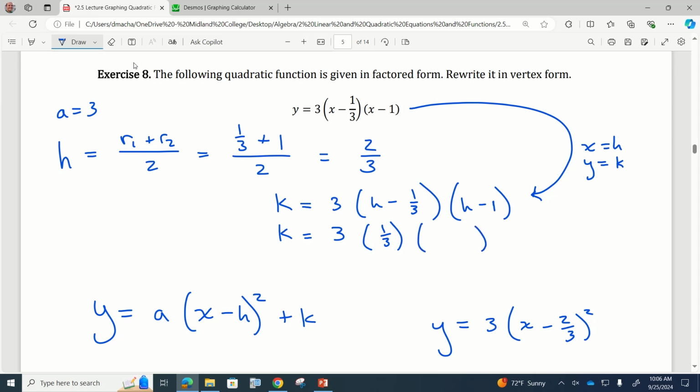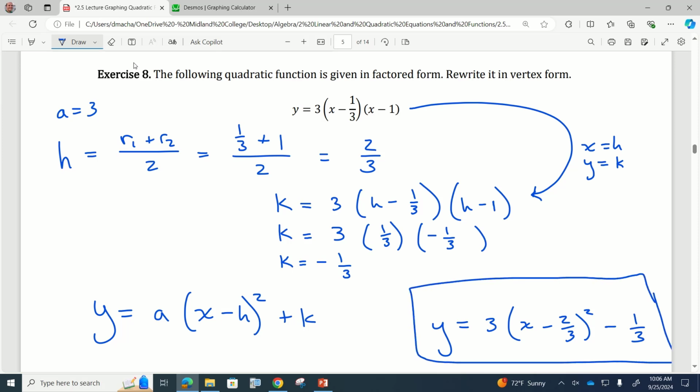And then 2/3 minus 1 is negative 1/3. So this is going to be a negative number because there's one minus, and it's going to be 3 divided by 9, or 1/3. Any questions about how we did this?